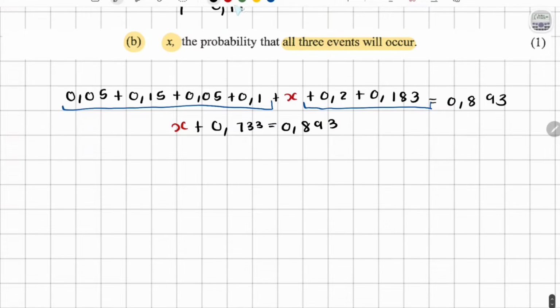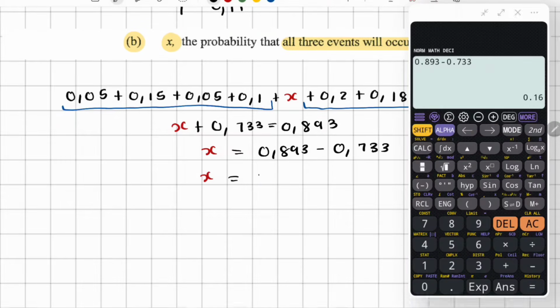Then to solve for x, you're just going to go ahead and take that 0.733 over, so that is 0.893 minus 0.733, and then put that onto the calculator, and that will be your answer. So x is equal to 0.16.